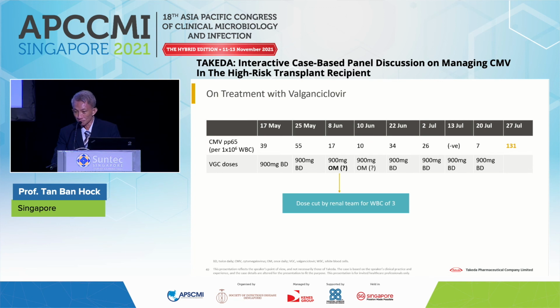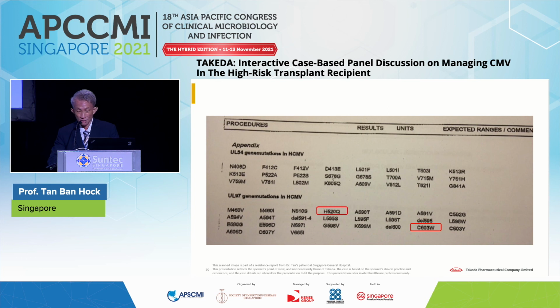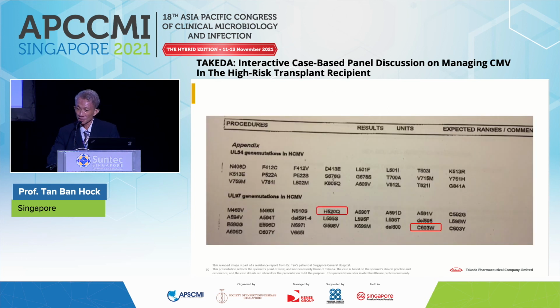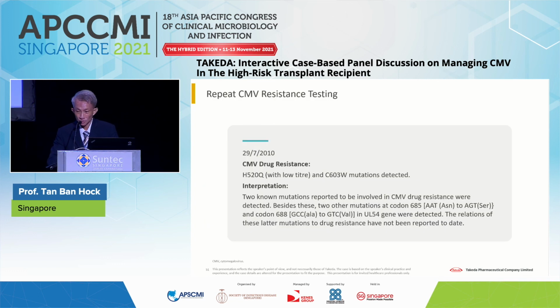Anyway, with an increase in dose, the antigen levels came down to negative, but only for a while, because after that it rebounded with a vengeance, and it went very high to 131 copies, and we sent the blood for sequencing, and we were able to demonstrate the presence of UL97 mutations. So here we have ganciclovir resistant CMV in a renal transplant recipient.